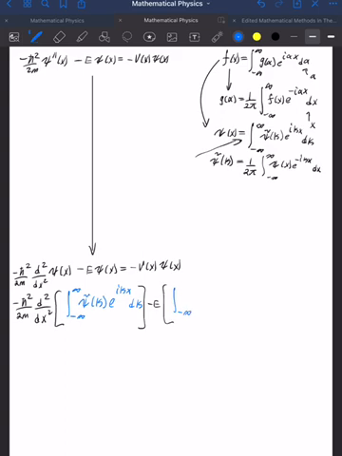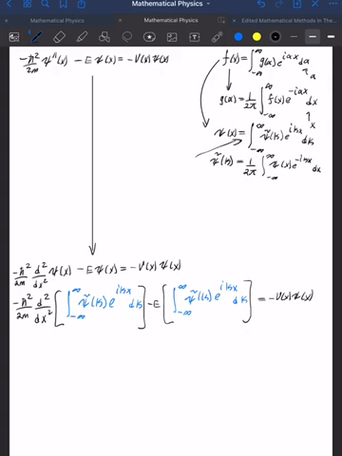So the integral from minus infinity to infinity of psi tilde of k e to the i kx dk. And that's equal to minus v of x times psi of x.